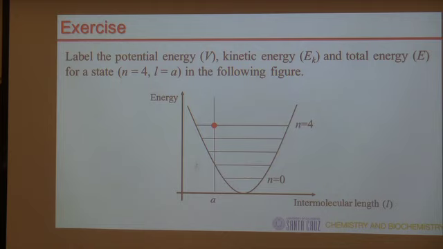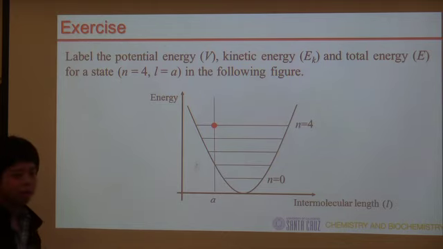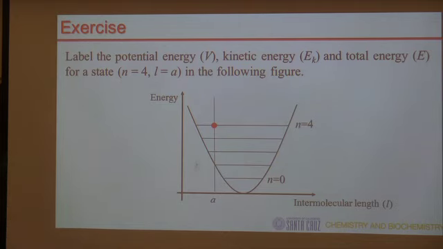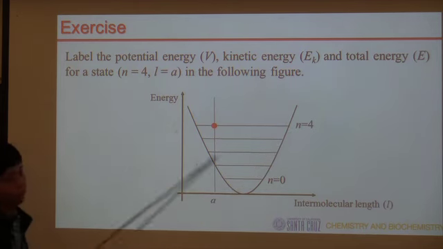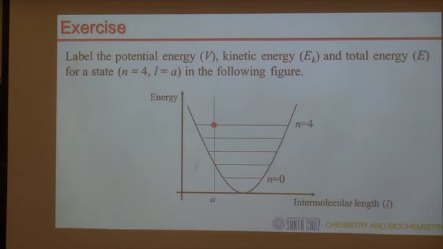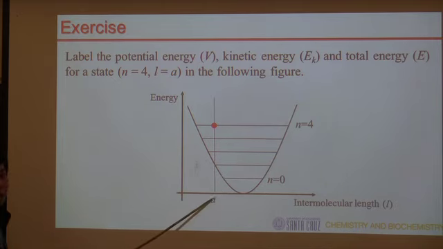Alright, the first one is easy, I think. The potential energy is easy because they ask one question: what does the curve represent? That's actually potential energy. So whether you know the energy state here or not, you can read the potential energy because we already give you x equals a.